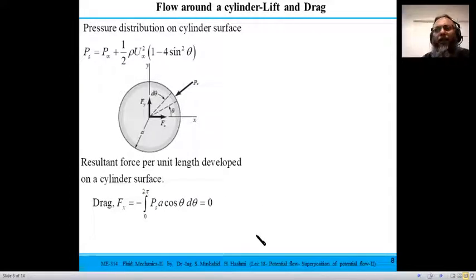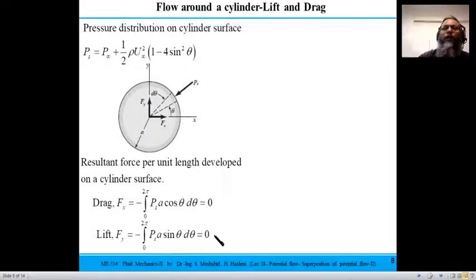Same is true with the y component of the force. Here instead of a cos theta, I have a sin theta term in the y direction, and if integrated over the whole surface of the cylinder, I am going to get the resultant force in the y direction, and this resultant would come out to be 0. Fy I have taken to be positive in the y direction by just a convention.